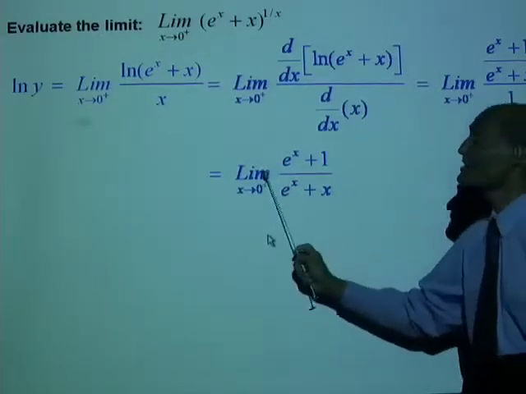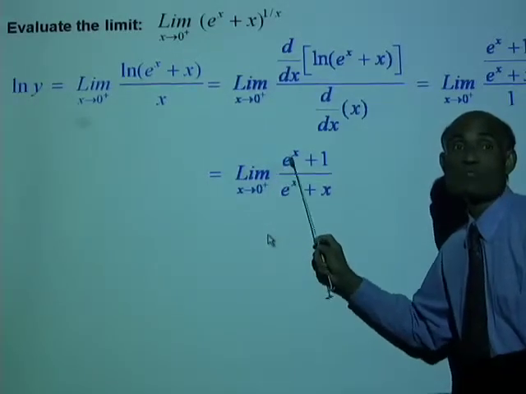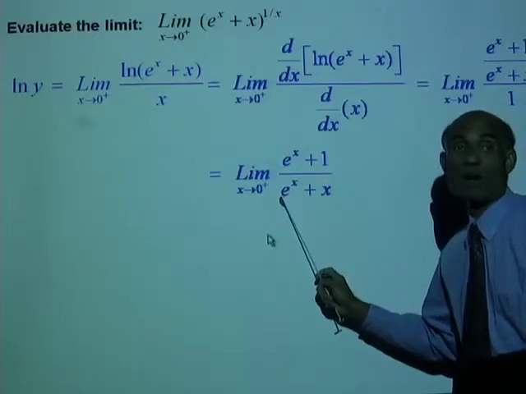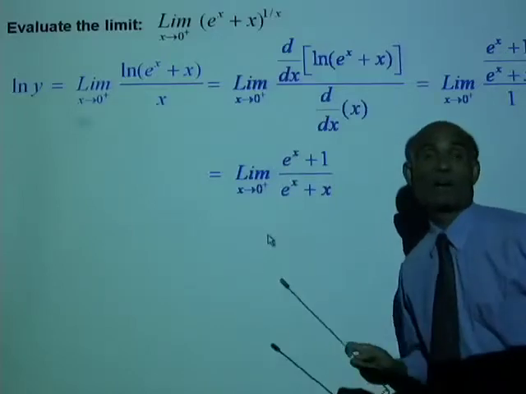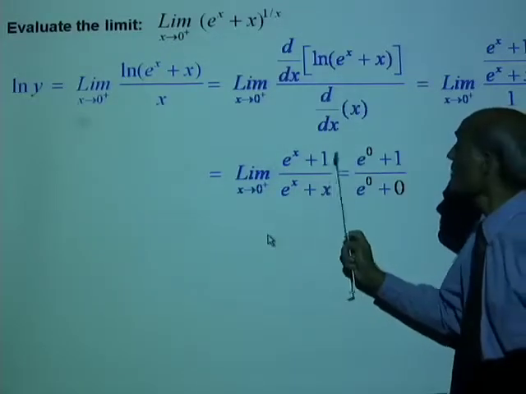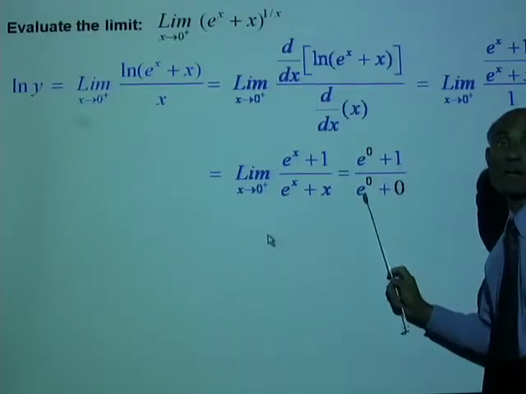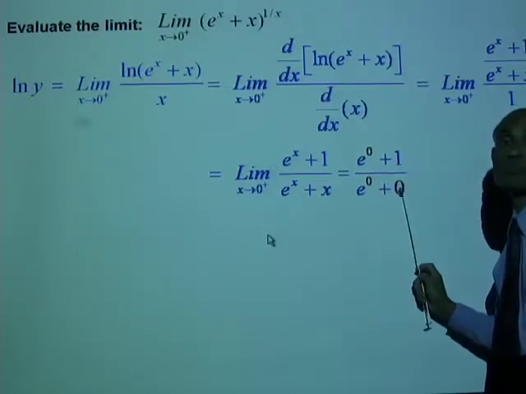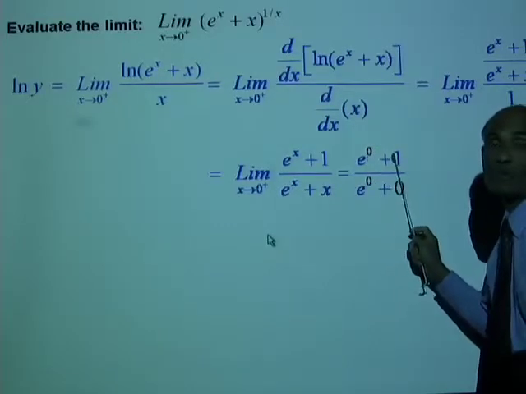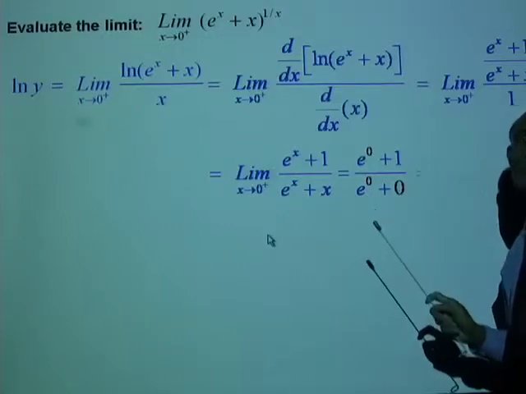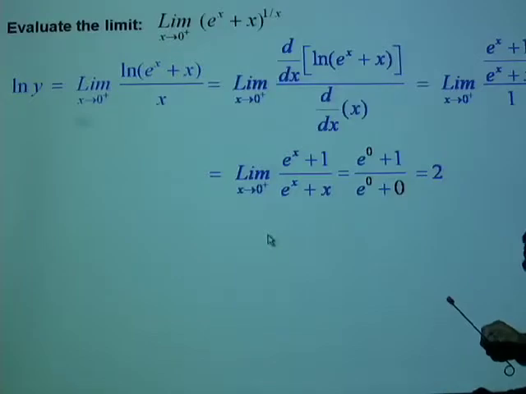So that's the same as limit x approaches 0 from the right, e to the power of x plus 1 over e to the power of x plus x. Can you now apply x equal to 0 there? That will be e to the power of 0 plus 1 over e to the power of 0 plus 0. That will be e to the power of 0 is 1, 1 plus 1 is 2, divided by 1, and that's equal to 2. Yes, that limit is 2.